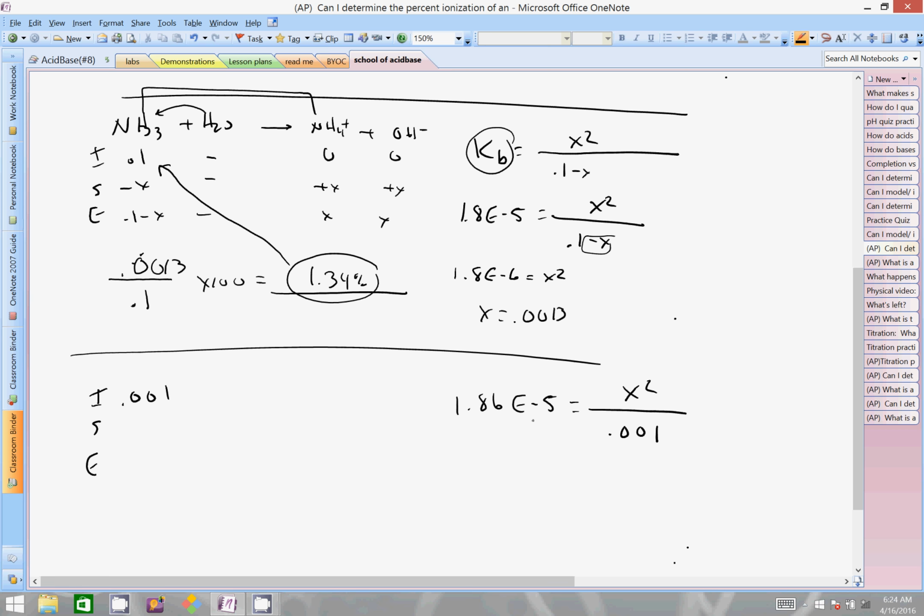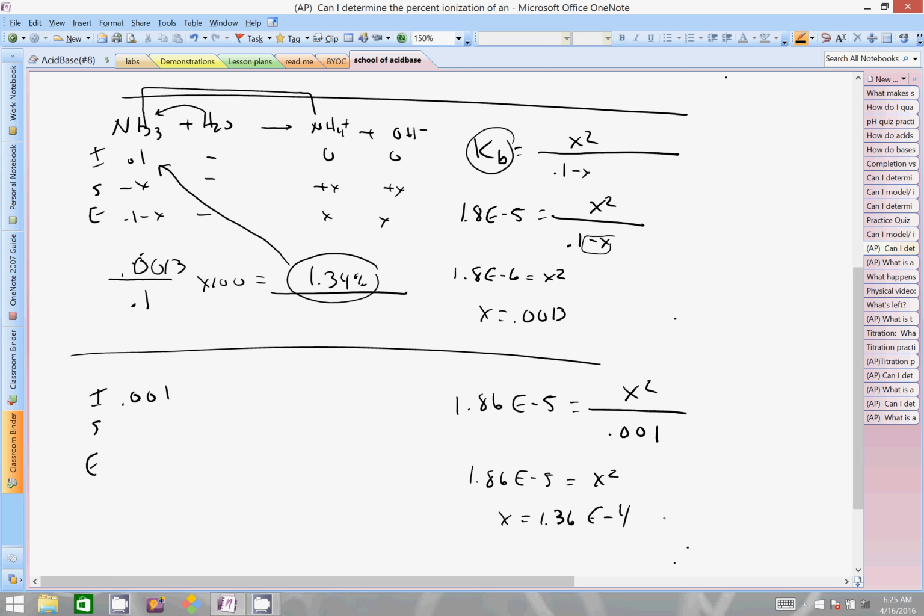Multiply across, and I get 1.8 e to the negative fifth times 0.001, and I get, of course, 1.8 e to the negative eighth equals x squared. Square root that previous answer, and I get x equaling 1.36 e to the negative fourth.